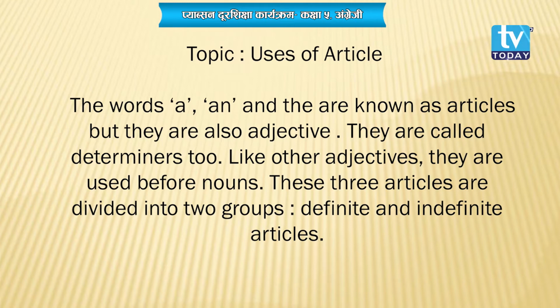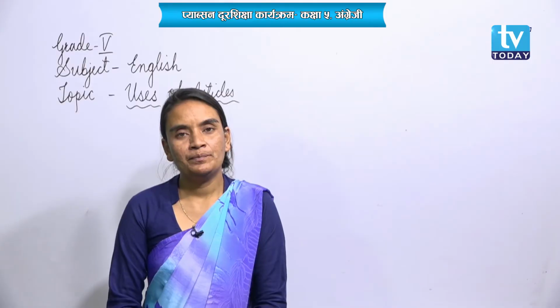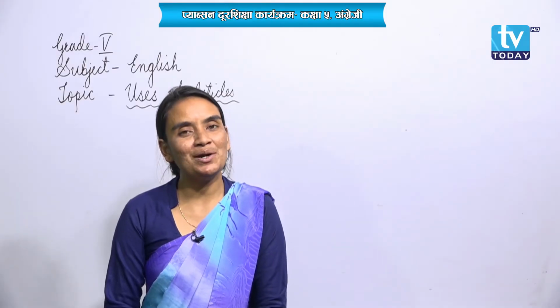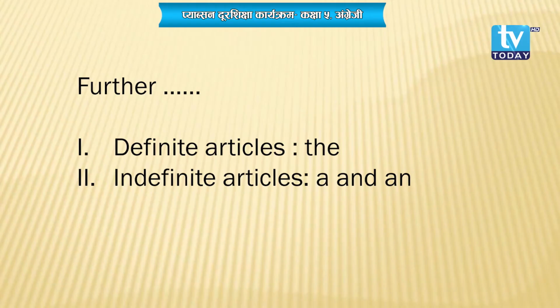The first group is definite articles, the next group is indefinite articles. Now you can check the next one, some more about definite and indefinite articles. Definite articles give the definite meaning. Specific things can be identified with the use of this article.